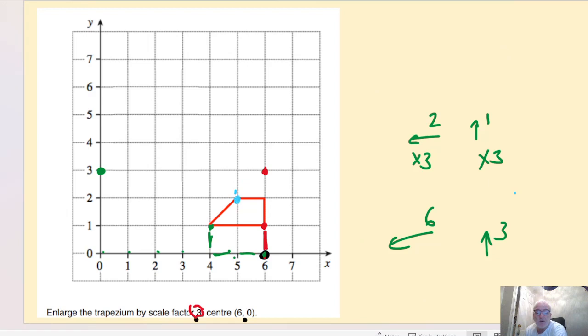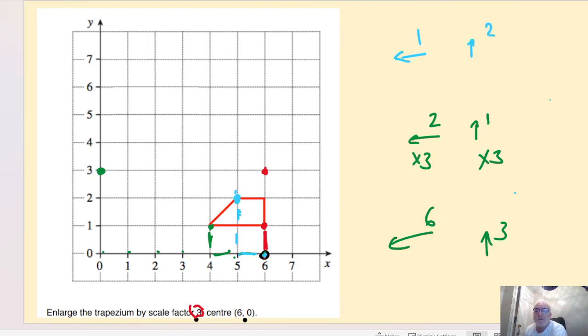Okay, that's my top vertex. And now from my centre of enlargement, I'm going to go one to the left, and two up.